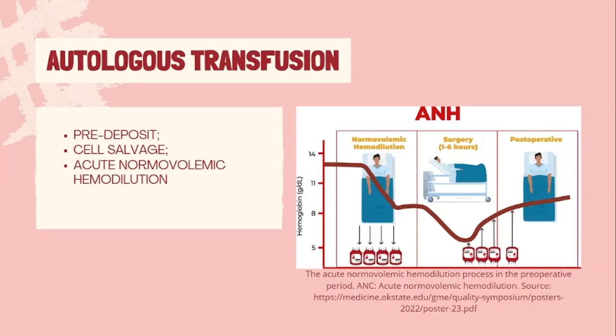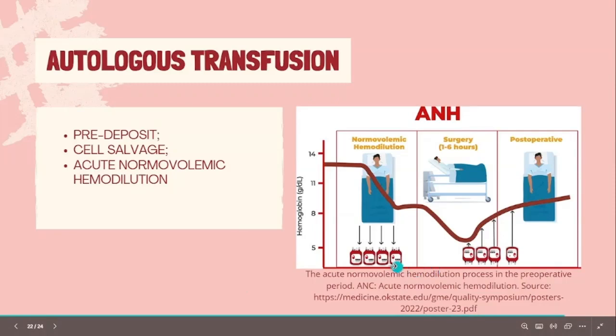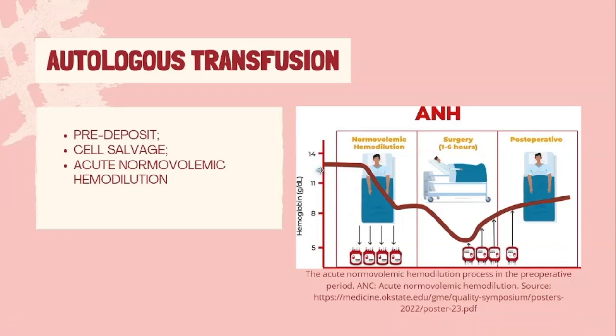Before the surgery, you collect blood bags from the patient, so the hemoglobin level of this patient will be lower. Once you do that, you give the patient the volume that was lost in blood with crystalloid, so the patient will achieve their normal volemic state with these crystalloids.